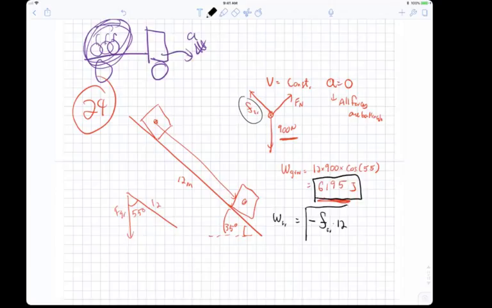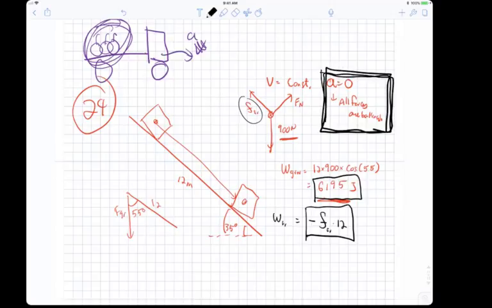Friction is going to take energy out of the box. How much energy? We know that it's moving at the same speed at the start and at the end, and that means that delta KE, the total work, is going to be 0. Which tells us that the work done by friction is going to be the same as the work done by gravity.